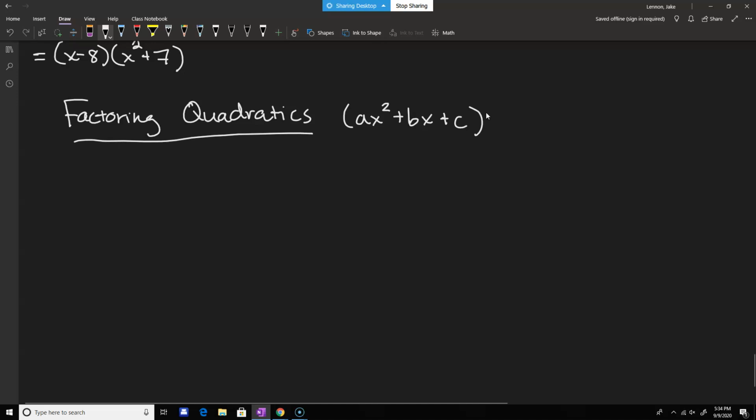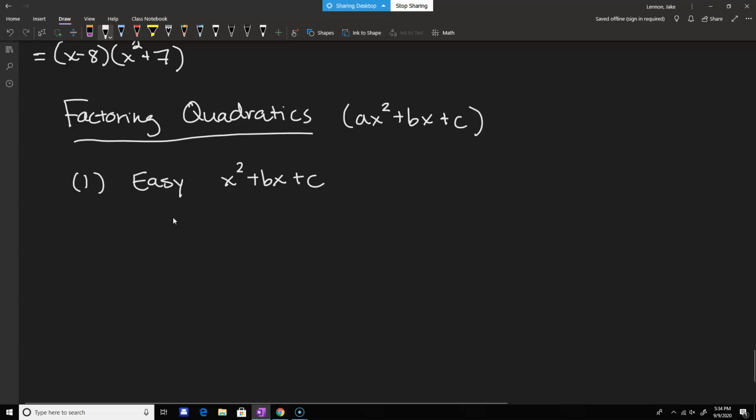Okay, so there's kind of the easy case and the hard case. So the easier case is if we just have x squared plus bx plus c. There's no a in front. So all we have to do is find two numbers that multiply together to make c, but when you add them together you get b, and that's how it factors.